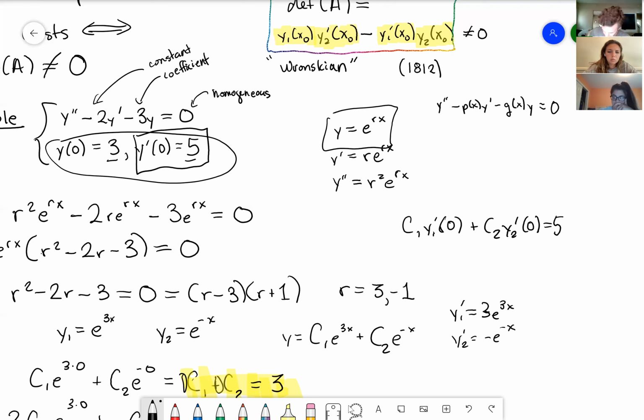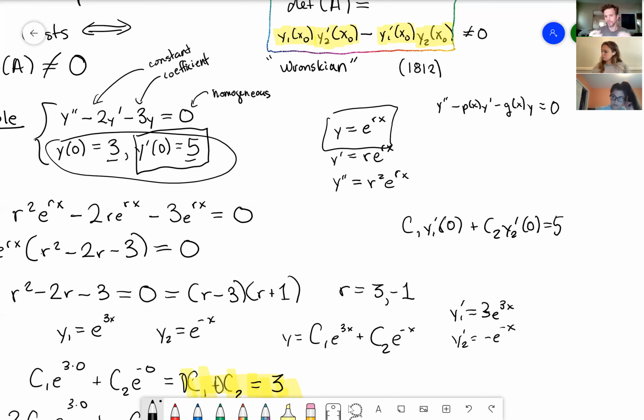Now, in the case where we have two roots that are the same, so a double root, we'll only have one solution, and we'll have to construct another solution. I think we'll talk about that as well. That's just in the case of constant coefficient homogeneous equations. We move on from there to non-constant coefficients, and then the non-homogeneous equation.